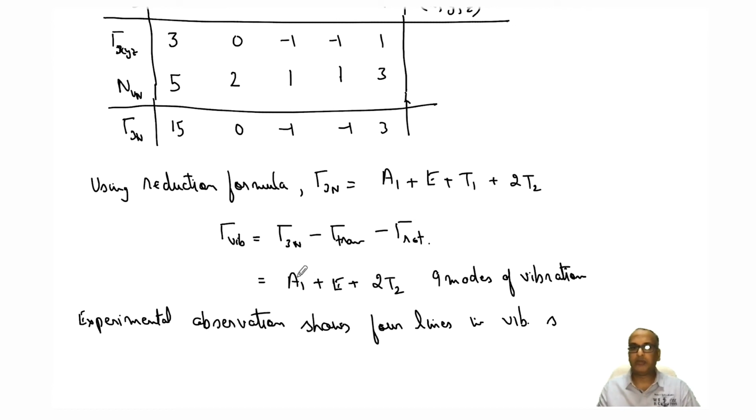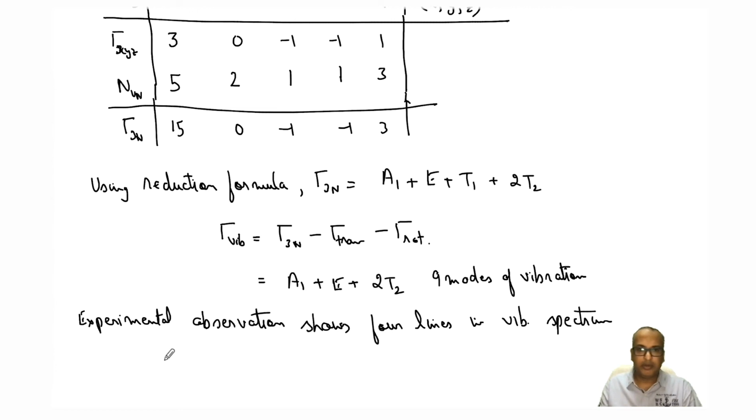Why do we see 4 lines? Because there are 4 sets of modes. 1 is A1, 2 of them are degenerate in E, and 3 of them are degenerate in each T2. So you should see a maximum of 4 lines and not more than that, which is defined by 4 sets of IR representations in the vibrational spectrum.